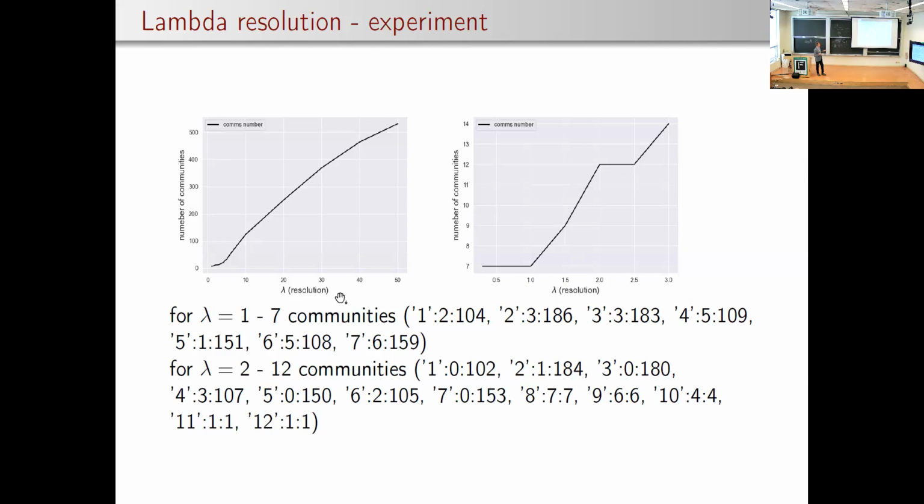With lambda 1, you have 7 communities. So the ground truth also has 7 communities. From lambda 1 we construct a perfect comparison to the ground truth. As you see, this set of numbers: the first number is the label of the community, the second number is how many outliers I have in the community, and how many nodes I have in this community.